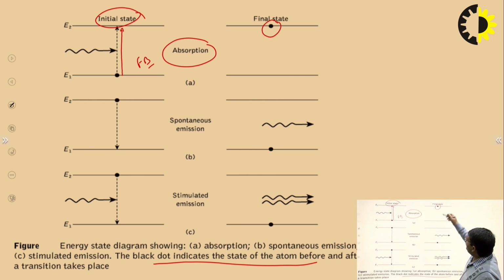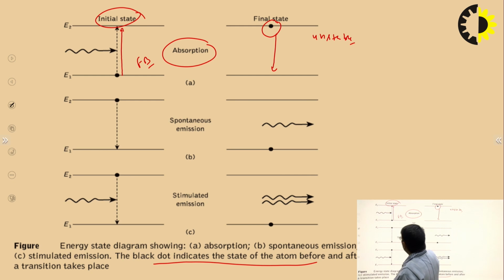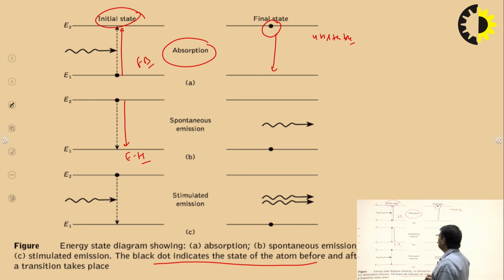Now this particle has to come down because this higher state is generally an unstable state. So this particle has to come down so that the electron and hole pair can combine together to generate the photons or light.